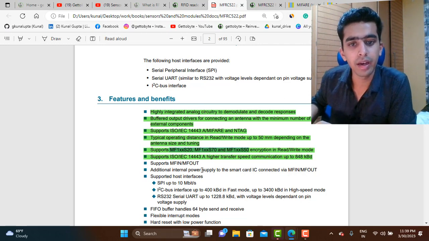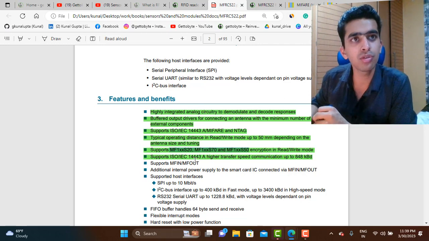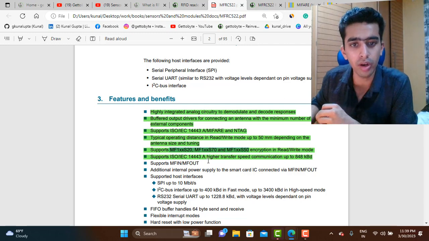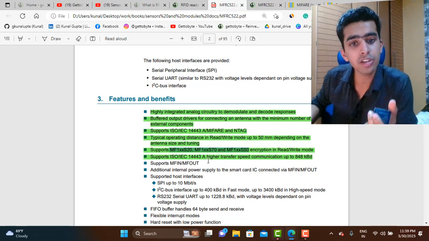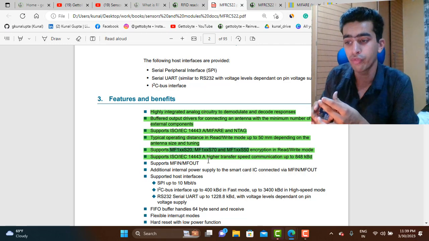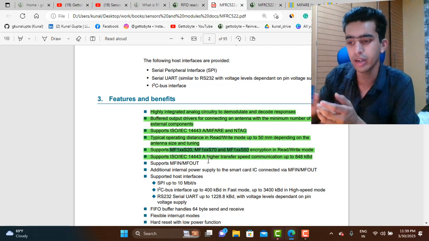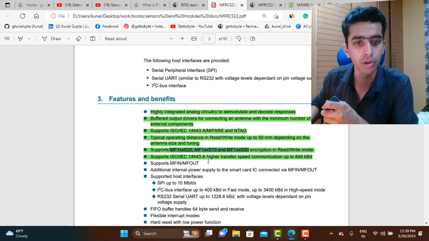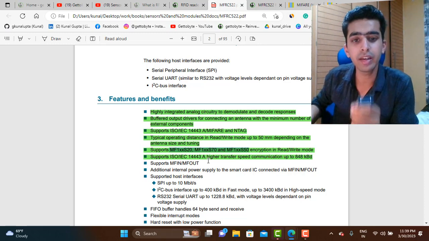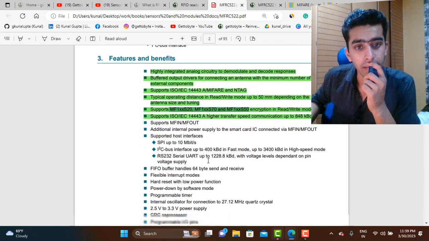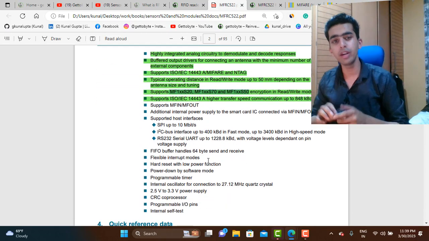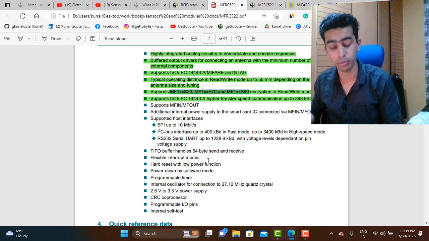And it supports the ISO14443 protocol. As I have told, it's an international standard and protocol by which RFID modules and readers communicate with each other. The RFID reader would be connected to our host microcontroller.